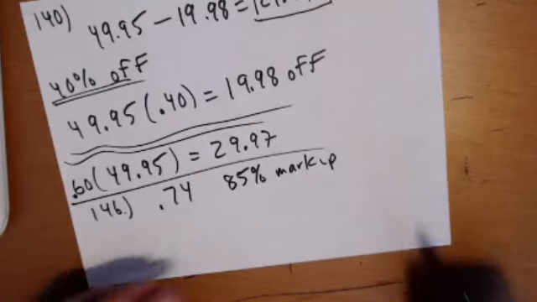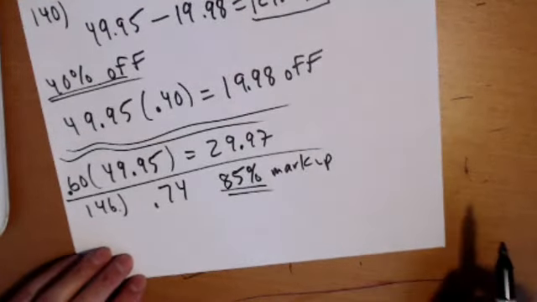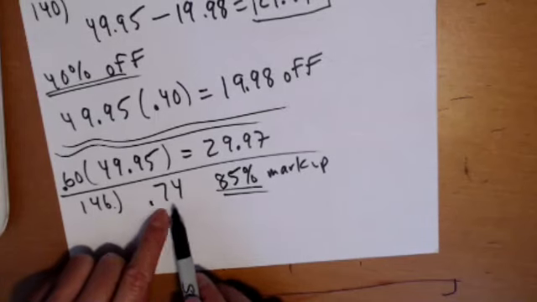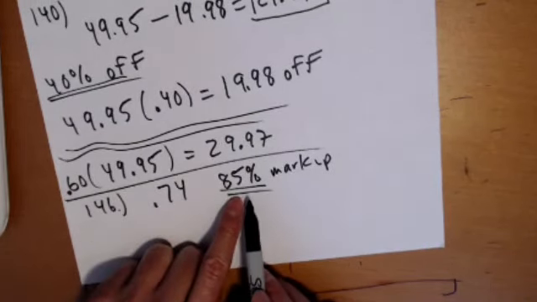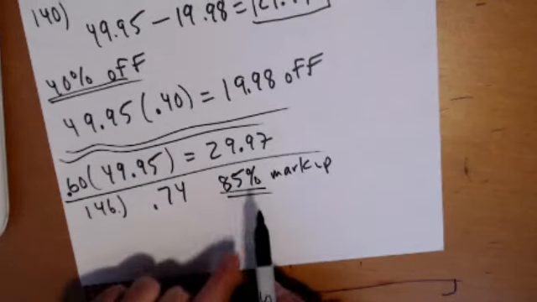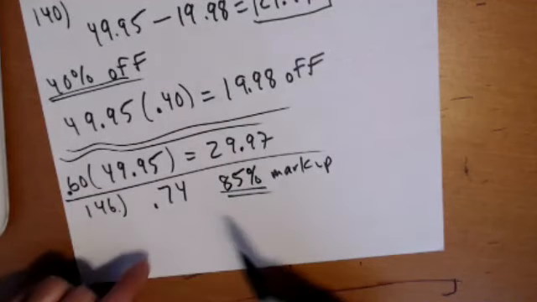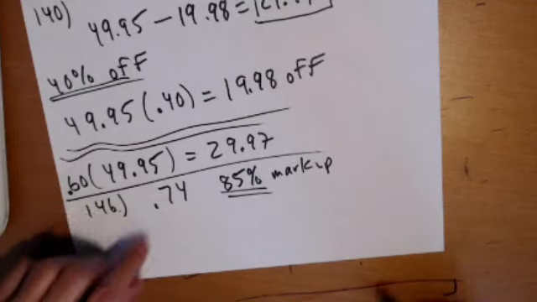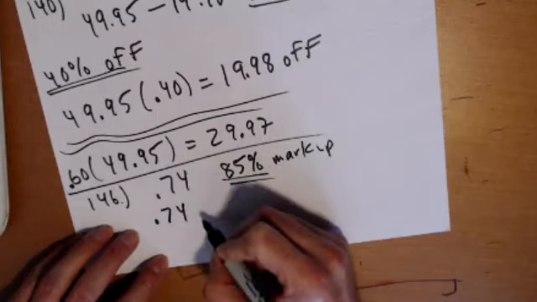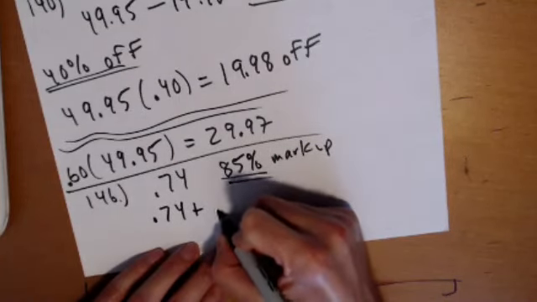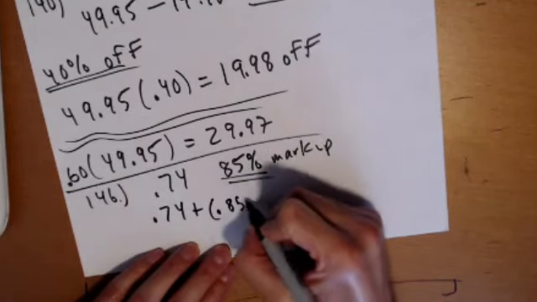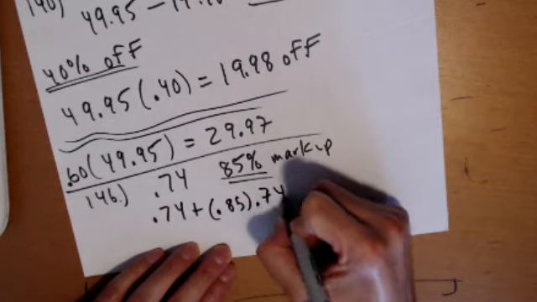So if it's an 85% markup, you have to charge the original price plus 85% more. So you could figure out 85% more and then add it to the original. So it's going to be 0.74 plus 85%, 0.85, of the 0.74.